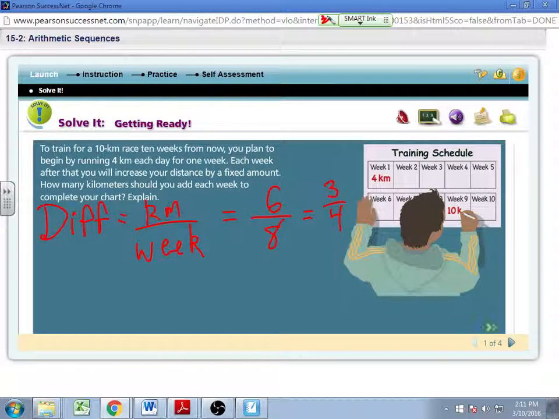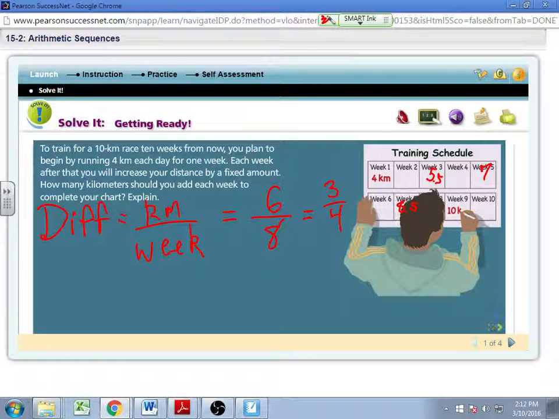So, let's think this through. This would be 4 3/4. I'm going to skip weeks because then this would be 5 1/2, and that's easier to think about. Every 2 weeks I'll increase by 1 1/2. So then this will be 7. 2 more weeks in week 7 would be 8 1/2. 2 more weeks in week 9 would be your 10K.